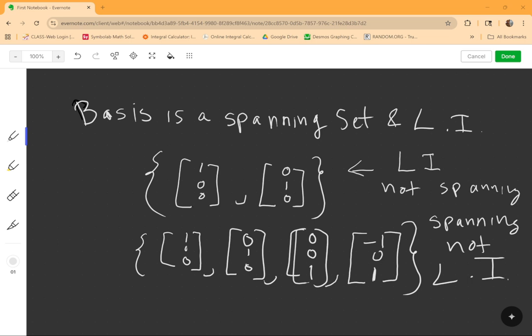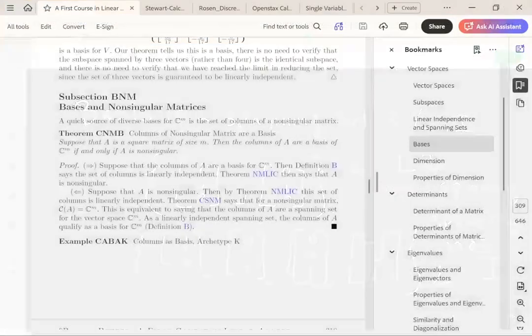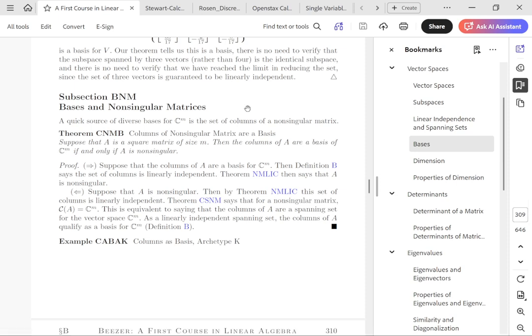to introduce this theorem. We're looking at theorem CNMB, the columns of a non-singular matrix are a basis.